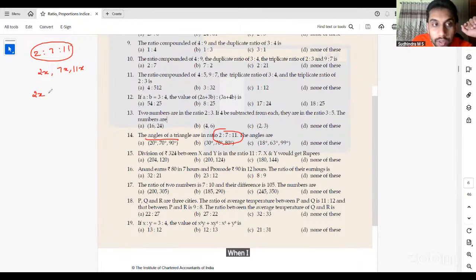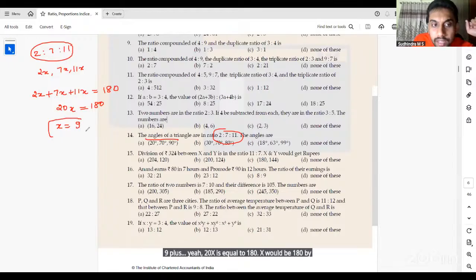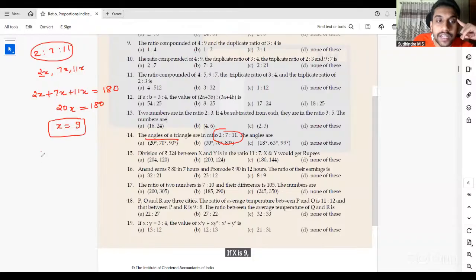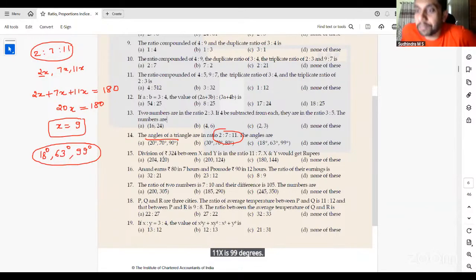That means 2x plus 7x plus 11x should be equal to 180. 20x is equal to 180. x would be 180 by 20, 9. If x is 9, 2x is 18 degrees, 7x is 63 degrees, 11x is 99 degrees. 18, 63, 99.